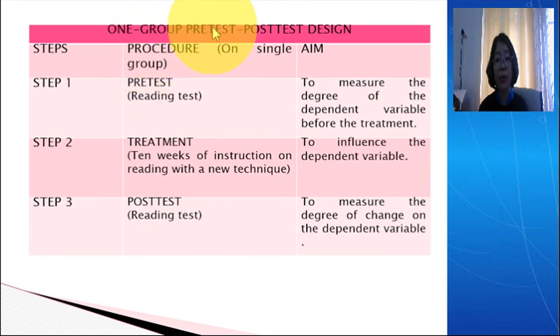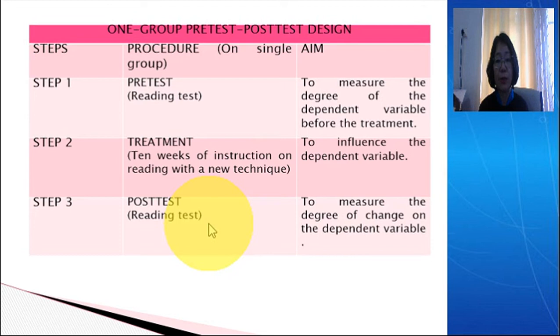Next is the one group pretest post-test design. From the name you can understand there is only one group, one experimental group, one class. First we do a pretest, a reading test, and then a treatment of 10 weeks of instruction on reading with a new technique. After 10 weeks, we conduct a post-test to see whether there is a change in the score, whether the learners have learned the skill of reading with comprehension.